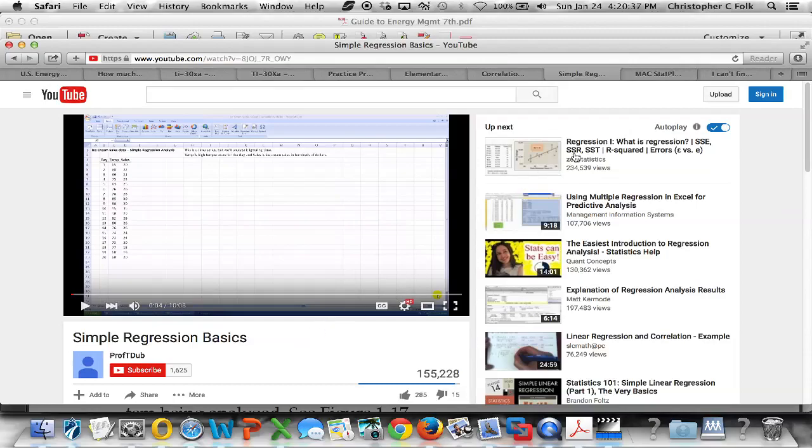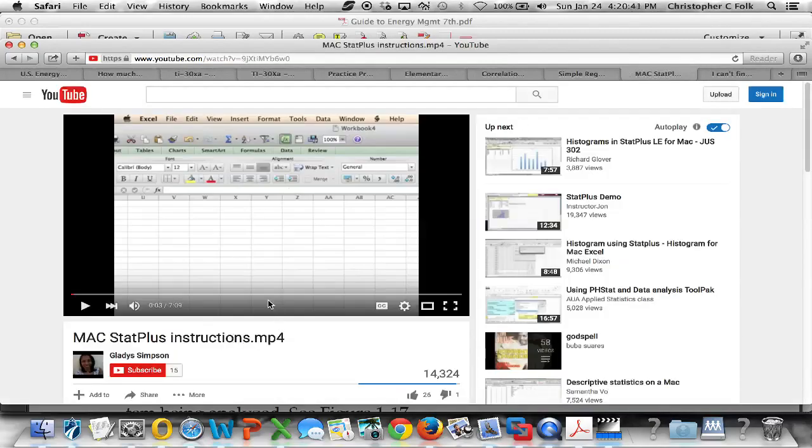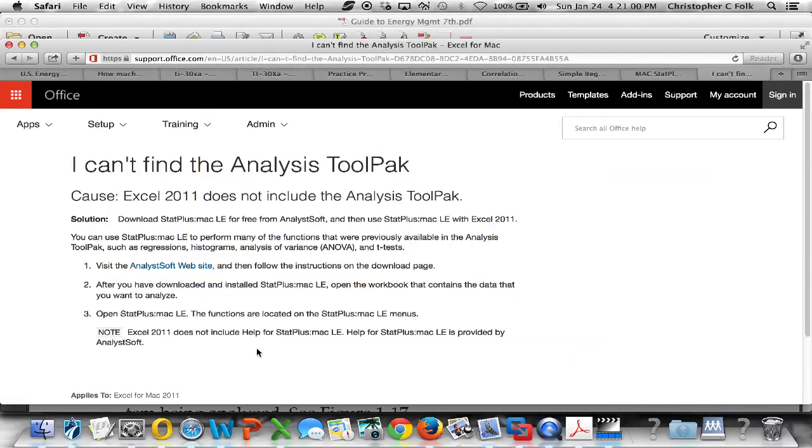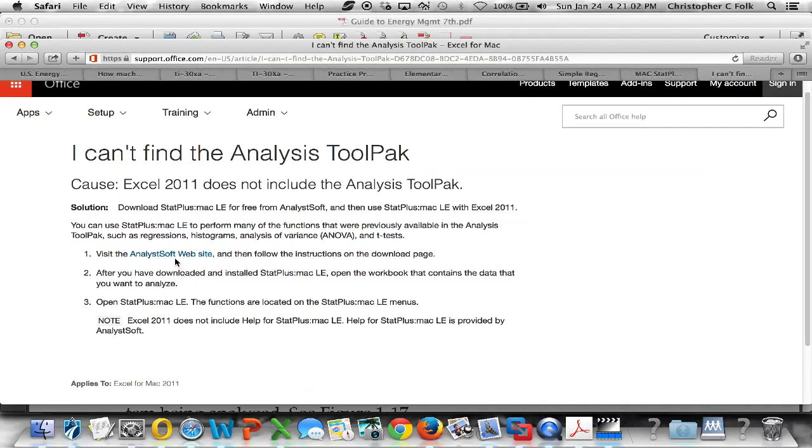So those of you who are using the Mac, you'll want to go to this website. And again, this is Gladys Simpson, who posted instructions on how to update Excel for Mac 2011. So she describes it here and makes reference to this web page where we actually find the link at this Analysis Soft website.